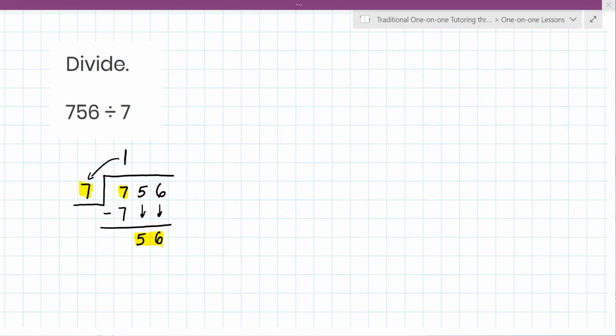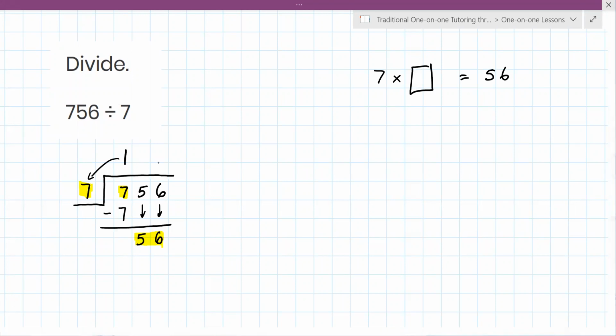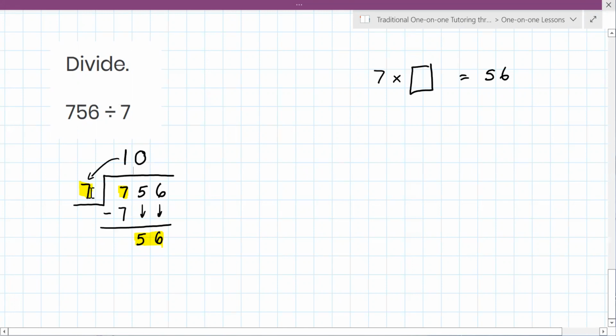Do you have your multiplication table out? Yeah. Okay, so you're looking for 7 times some number that gets you to 56. 8. Yeah. So now because it's 56, back up here, does 7 go into 5 or is 5 too small? 5 is too small. So you put a 0 there. And then in terms of 56, the 7 goes in 8 times.